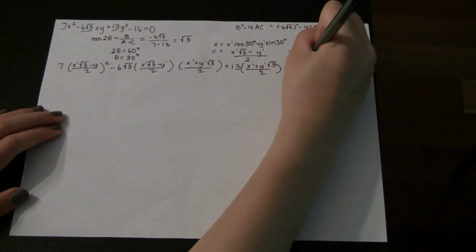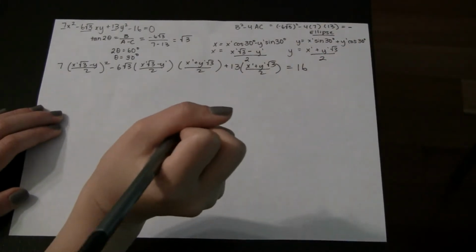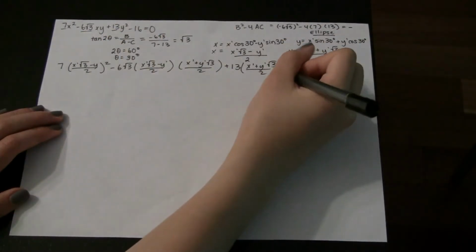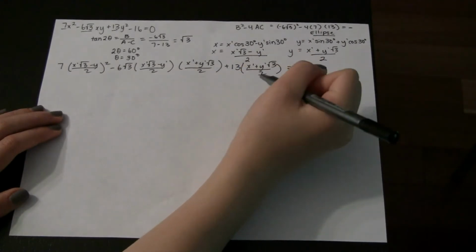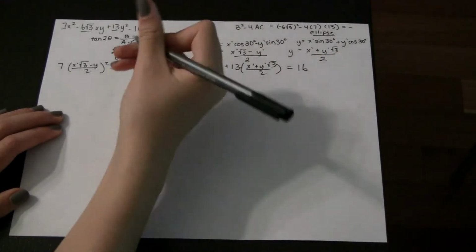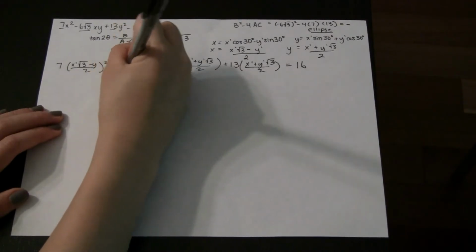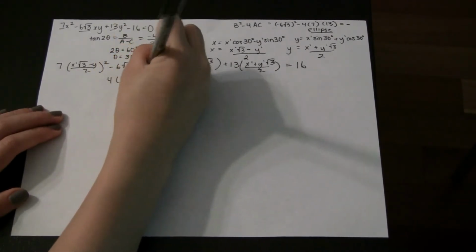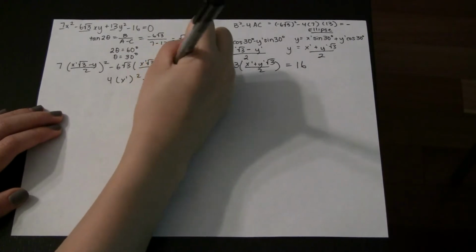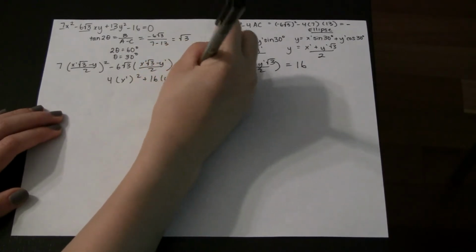And I'm just going to move the 16 over to the other side. Once you have that, you would have to FOIL this whole equation out, but that's going to take a long time, so I'll just go into the simplified version. So you would end up with 4x prime squared plus 16 y prime squared is equal to 16.